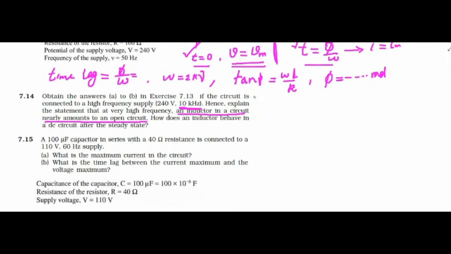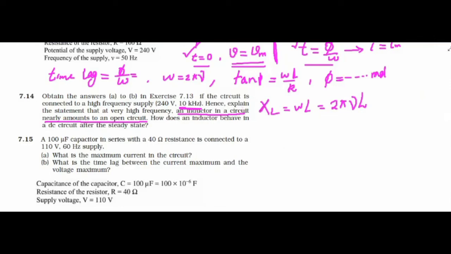You have to follow the same calculations here also, but we know XL is equal to omega L, which is equal to 2 pi nu L. When the frequency is very high, XL will be very high.